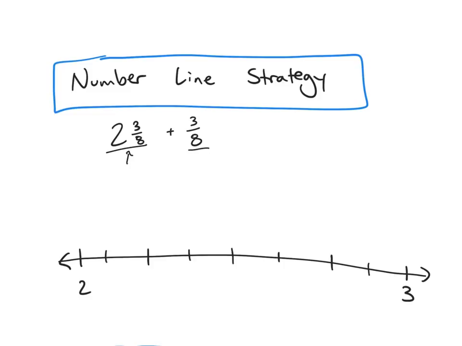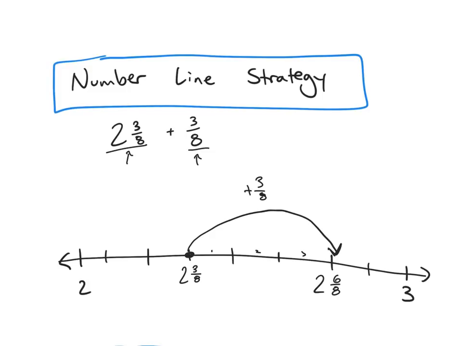I already have my number line partitioned into eighths, so 2 3/8 is going to be at this dot right here. Then I'm going to show the addition of 3/8 by jumping forward 3/8 on the number line. So we got 1, 2, 3/8 jumped. And then where we end up is our answer. In this case, we end up at 6/8.